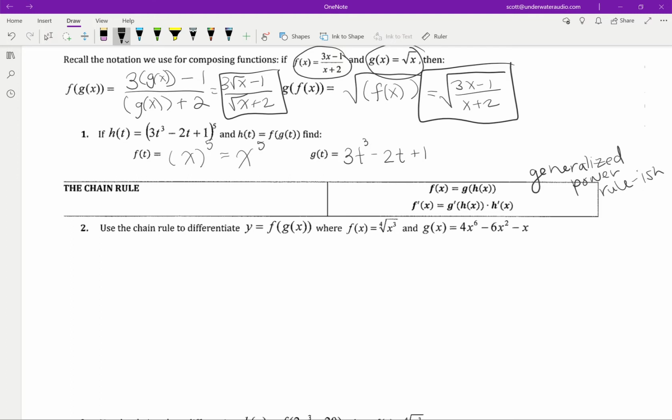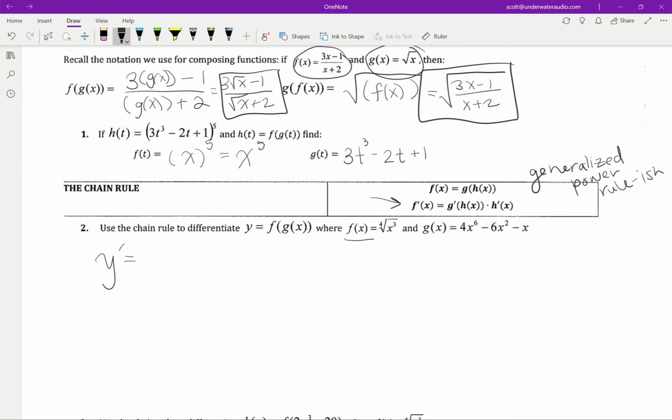Okay, for number 2, it's like our first example of really using the chain rule. Use the chain rule to differentiate y equals f of g of x, where f of x equals the 4th root of x cubed, and g of x equals 4x to the 6th minus 6x squared minus x. In order to take this derivative, y prime, this is sort of evil actually.